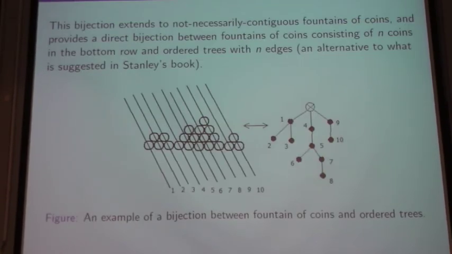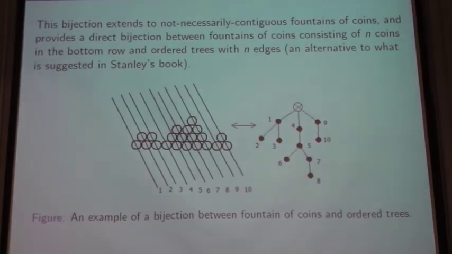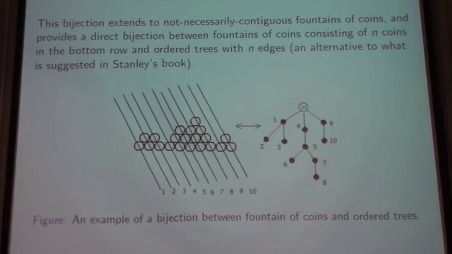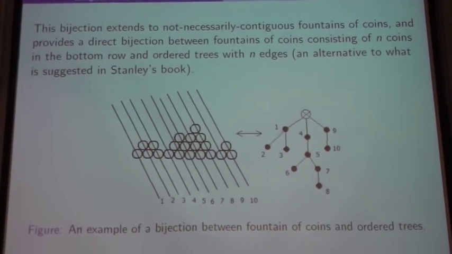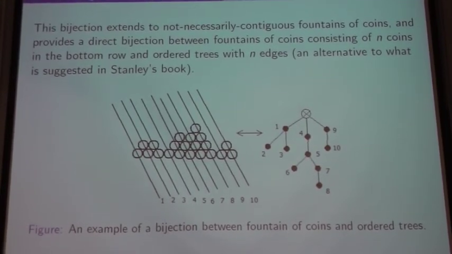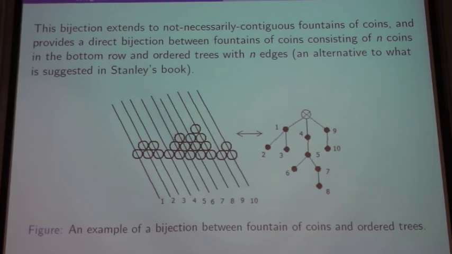All right. Now, the bijection that I just introduced here is between contiguous fountains and skinny trees. But actually, you can extend it to not necessarily contiguous fountains of coins. For example, if you have this, you can map it to this ordered tree and so on.